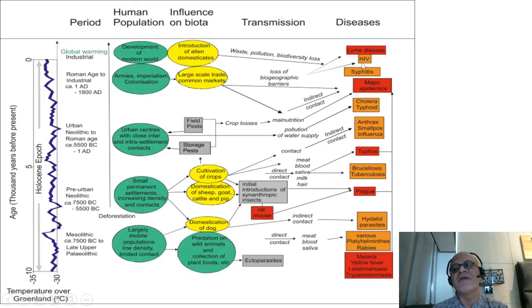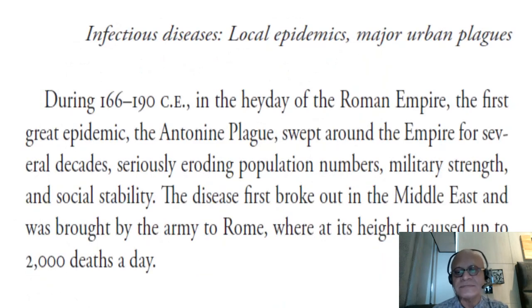More recently we have had HIV and Lyme disease and so on. So that gives us an idea of how over time climate change, diet change, technology change, conflicts and so on have combined to create human health, human ecology, all interacting together.